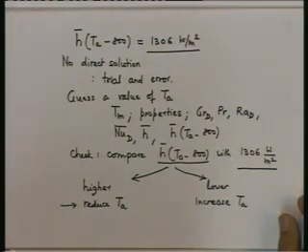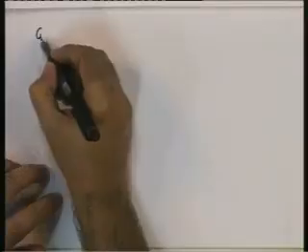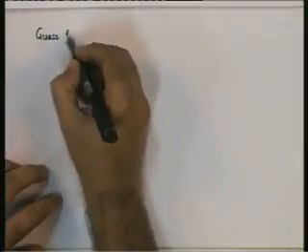The temperature of the thermocouple is 800 degrees C. So it makes sense to assume that the air temperature will be higher than 800 degrees C, reasonably higher. Let us take as our first guess a value of air temperature to be 1000 degrees Celsius.